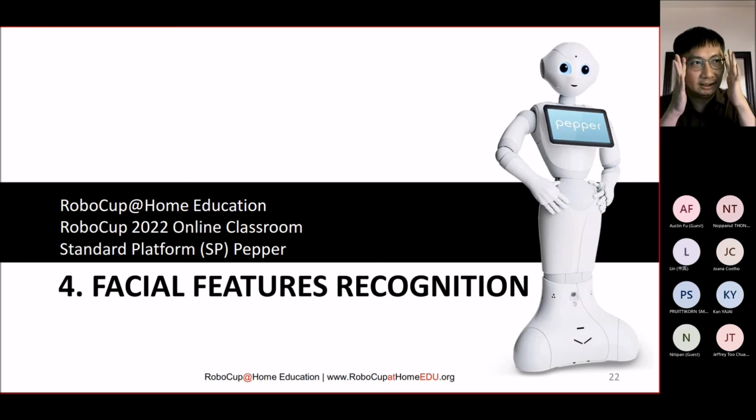Which means by just looking at the person in front, Pepper can actually do some estimation. For example, gender estimation, age estimation, and also emotion, mood estimation. For example, if the person in front is sad, happy, or just normal, and so on.